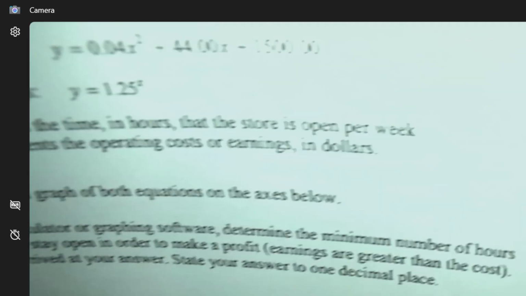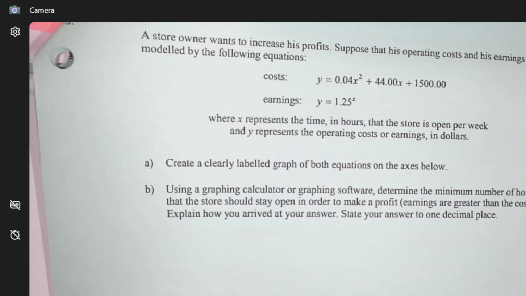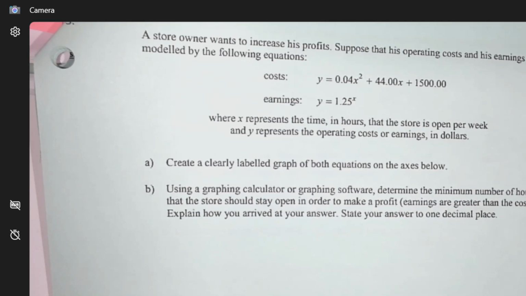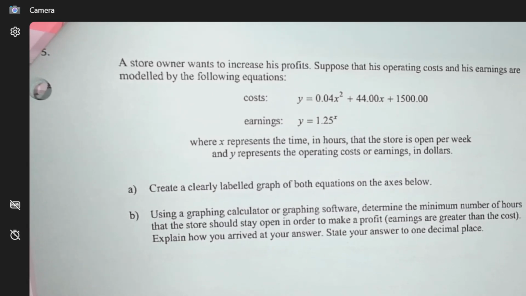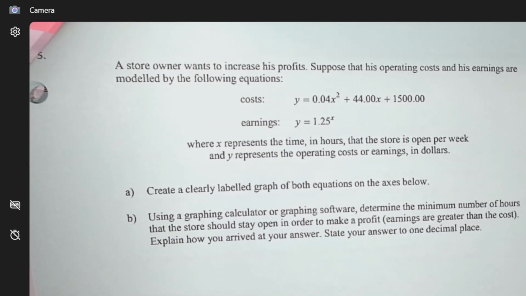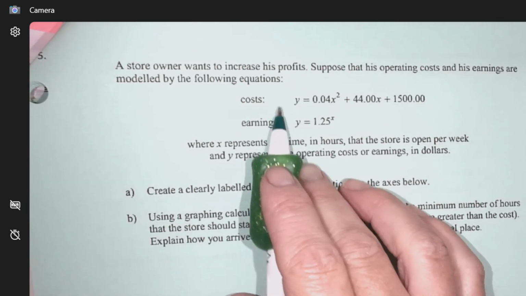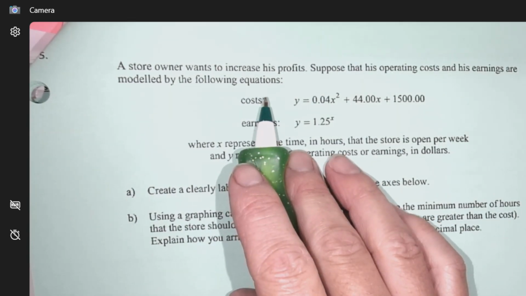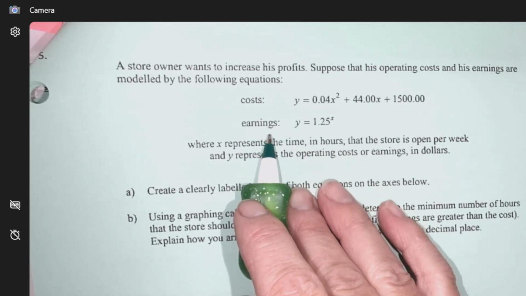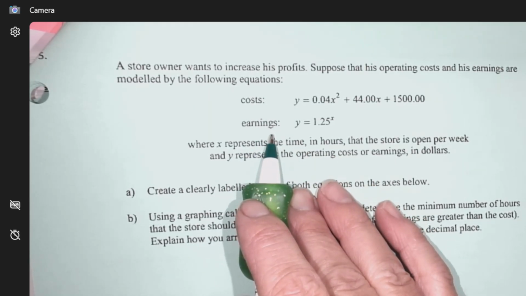Okay, let's go to question 5. So flip, it's on page 3. Okay, so what's happening is there's 2 equations. So there's going to be costs to this company, has costs, and then they're going to make money.